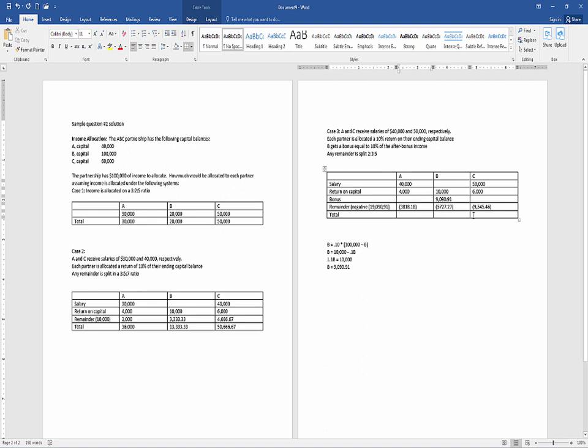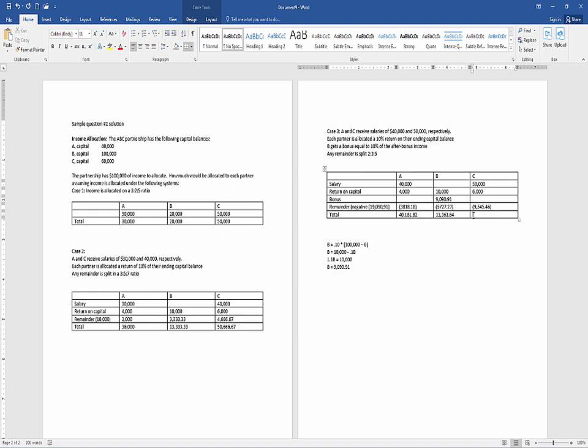Just to dot all of our I's and cross all our T's, we need to go ahead and get the total here. For partner A, $44,000 positive minus that negative residual of $3,818.18 nets out to $40,181.82. Partner B, $19,090.91 minus $5,727.27 nets out to $13,363.64.